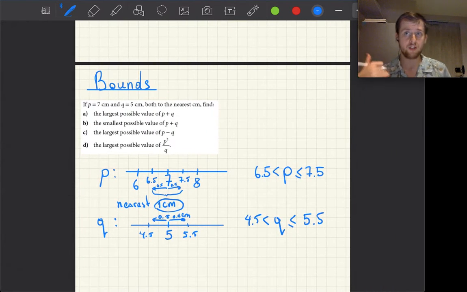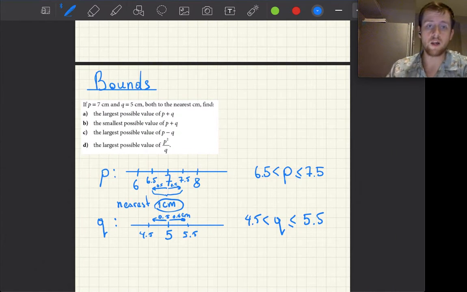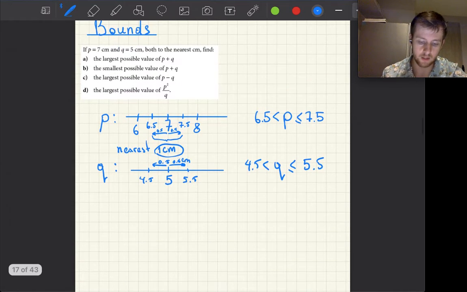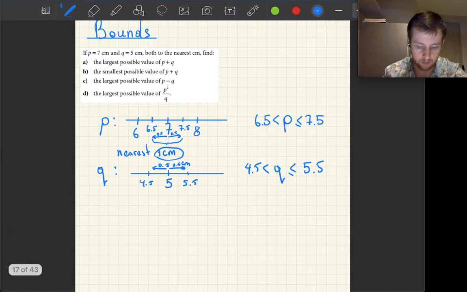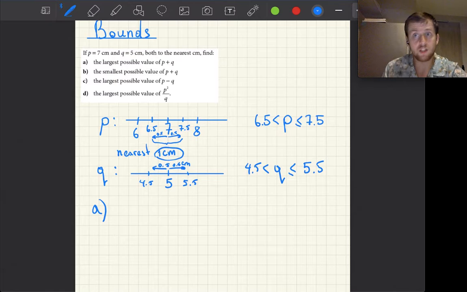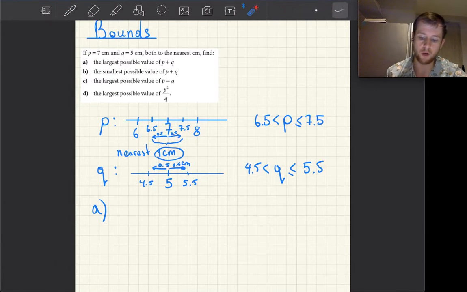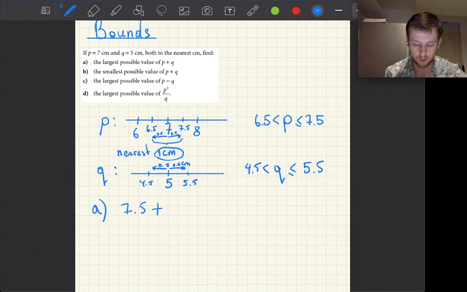Okay, so now let's get to the actual questions. First of all, we have to find out the largest possible value of P plus Q. Well, that's quite simple. We just take the upper bound of P and upper bound of Q, right? So it's going to be 7.5 plus 5.5 is going to be 13. That's the answer.